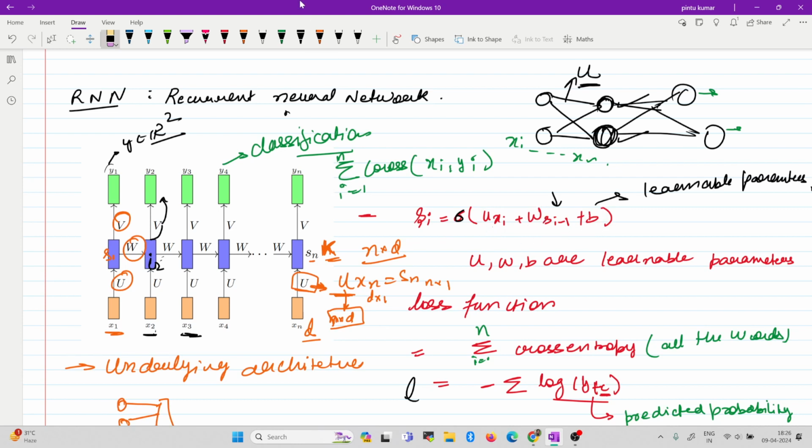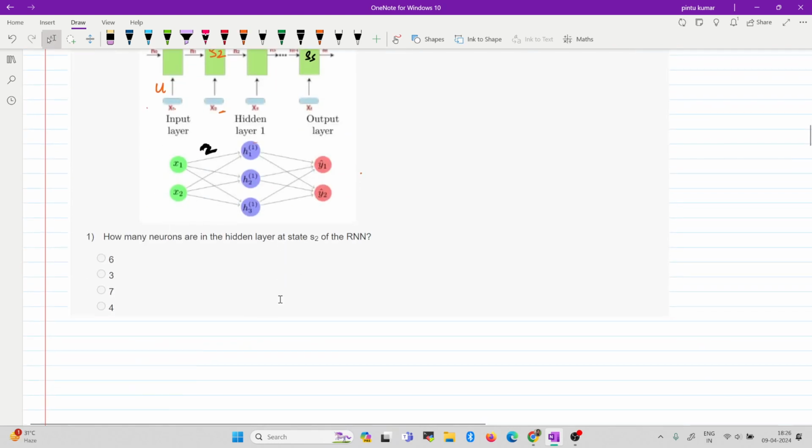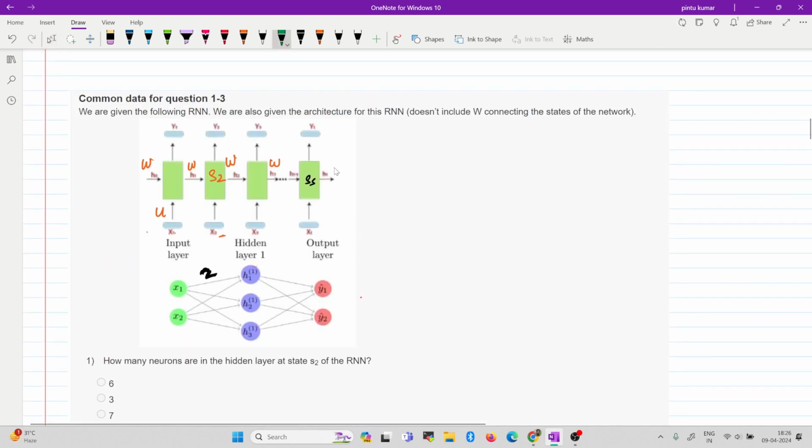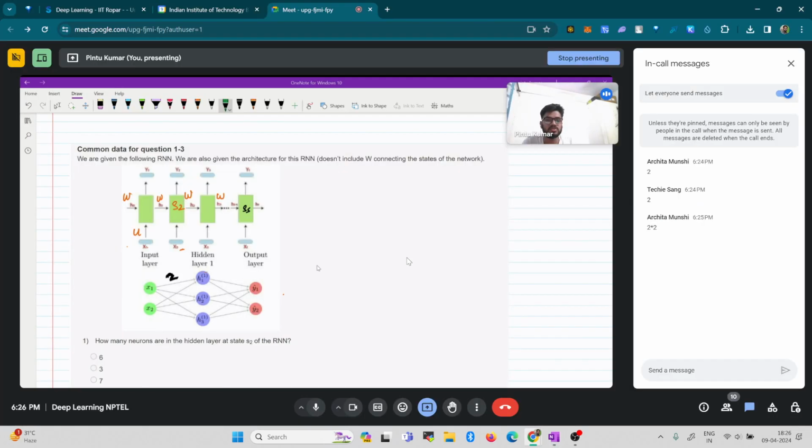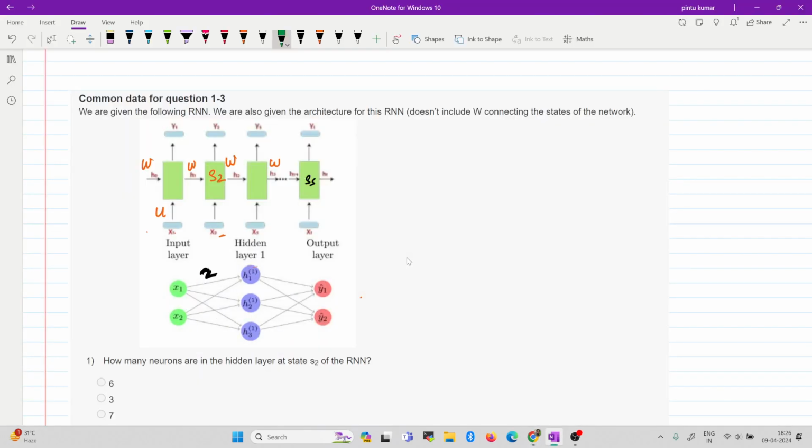This is the matrix W, and we are interested in the size of this particular matrix. Can you guys please tell me what would be the size of this matrix? Okay, somebody says 2 cross 2. Let's see what others say, then we can solve this question.